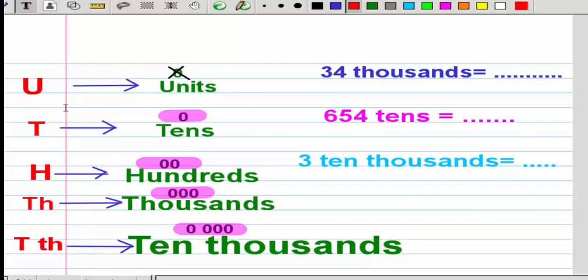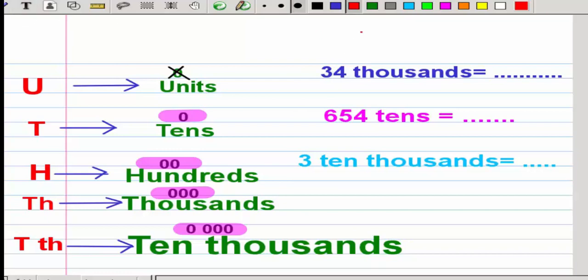Again, U units, T tens, H hundreds, TH thousands, and TH 10,000. T here means ten and TH means thousand. Units without any zeros. 10 has only 1 zero. 100 has 2 zeros. Thousands 3 zeros. 10,000 has 4 zeros.